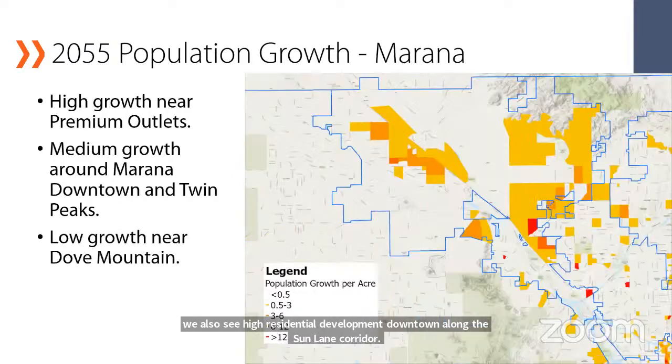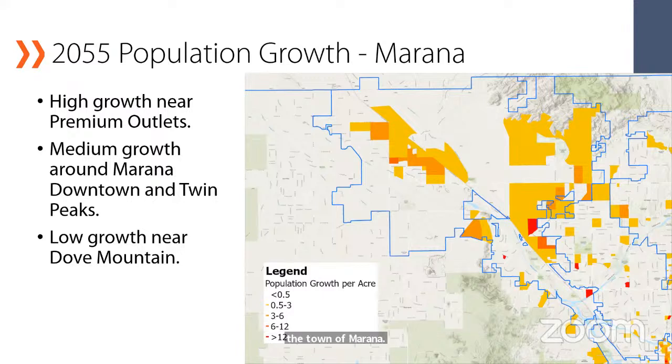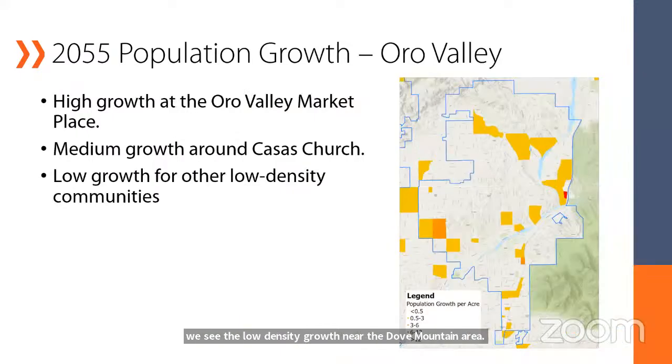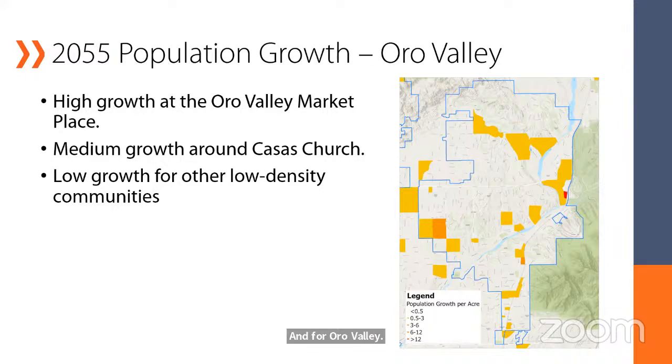For the town of Marana, we see high growth near the premium outlets and medium growth around Marana downtown and the Twin Peaks area. We see low density growth near the Dove Mountain area. For Oro Valley, we see high growth at the Oro Valley Marketplace area and medium growth around Casas Church.